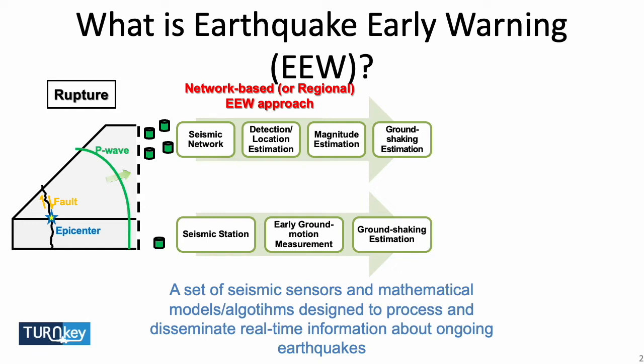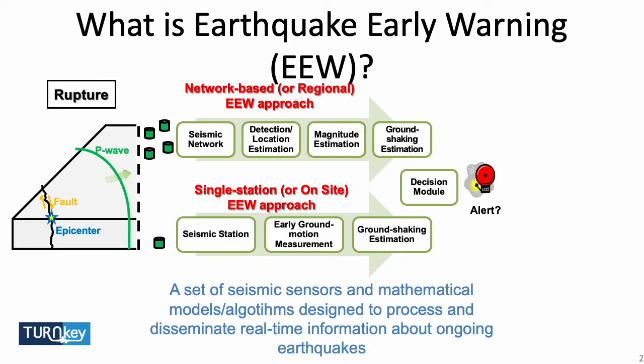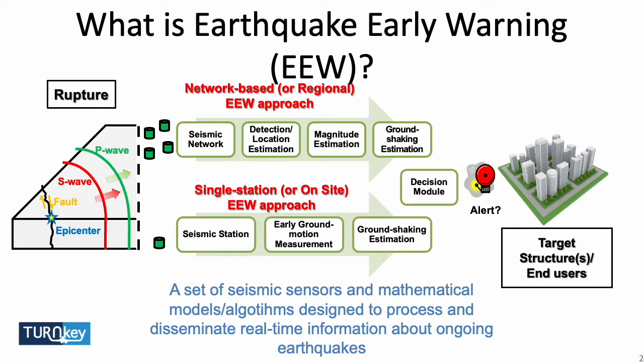And then for any type of earthquake early warning system, the last step in the process involves making a decision. So based on the predicted characteristics of the incoming earthquake, should we issue an alert or not, so that people can take protective measures before the stronger S waves from the earthquake actually hit their location.